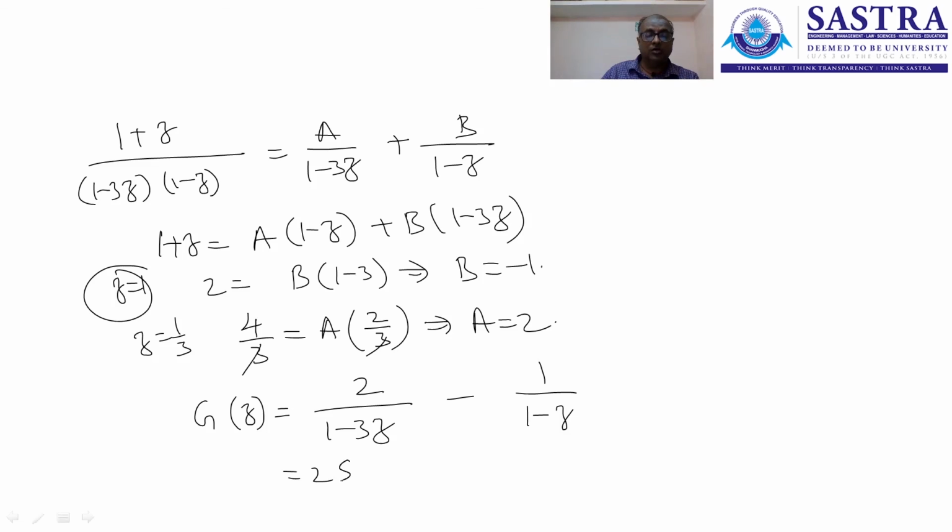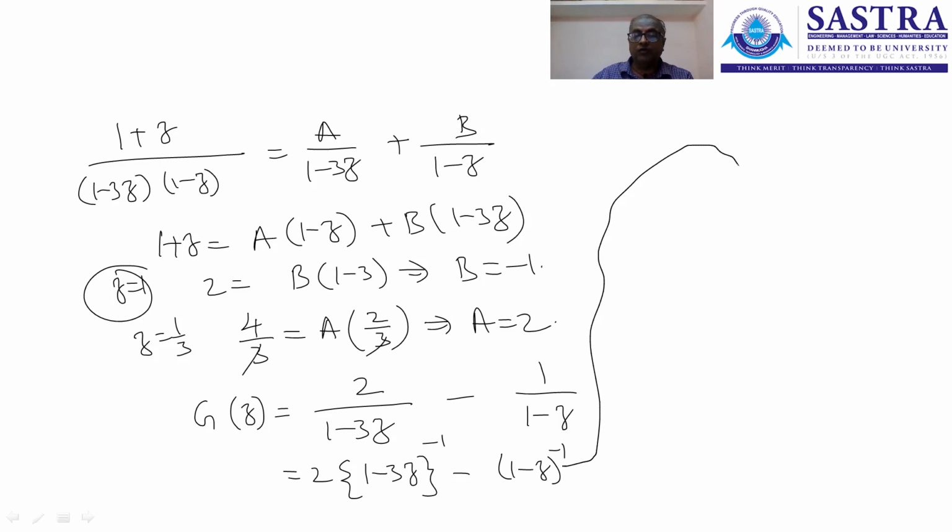Now what I do is I write this 1 by 1 minus 3z as 1 minus 3z whole power minus 1, and 1 minus z whole power minus 1. So I want to find the coefficient of z power n.